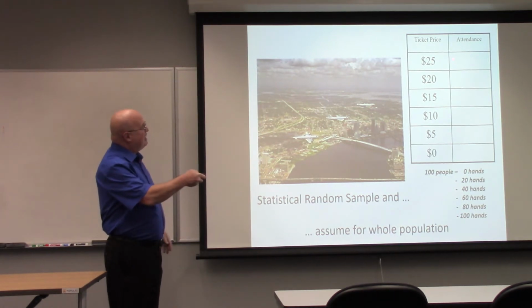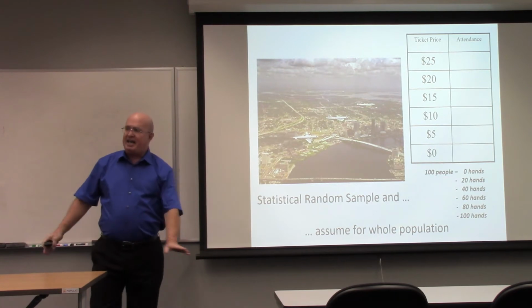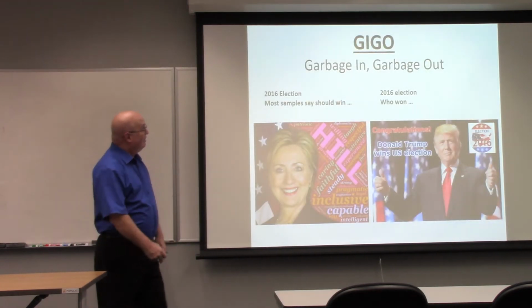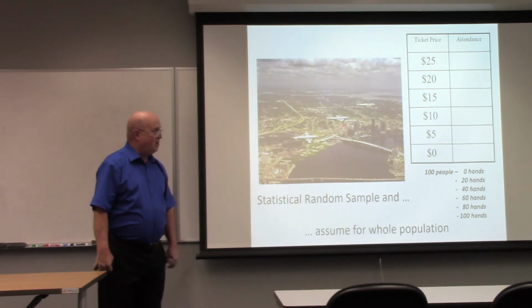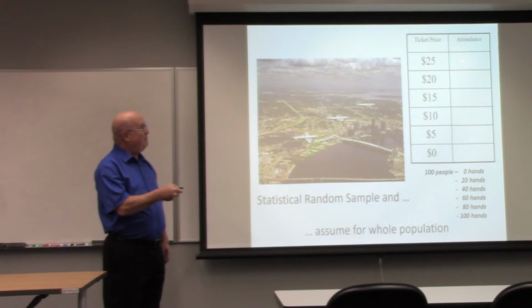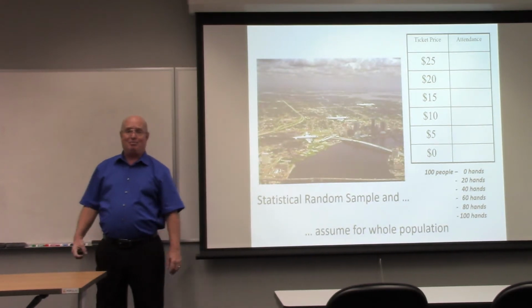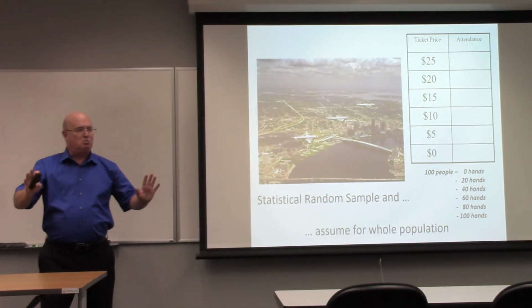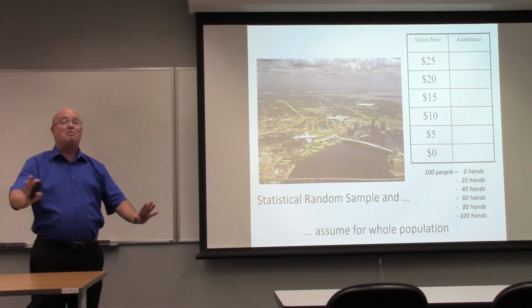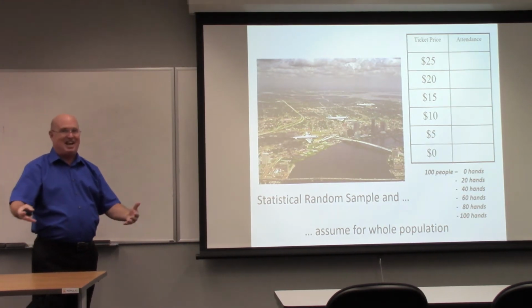If they charge ticket prices at $25 a ticket, how many of you would come? Zero hands go up. Ooh, zero hands, that's not good. $25, nobody's going to show up. Yeah, I know sports tickets cost a lot more than that, but the numbers are smaller, so the math is smaller. So just go with the example.